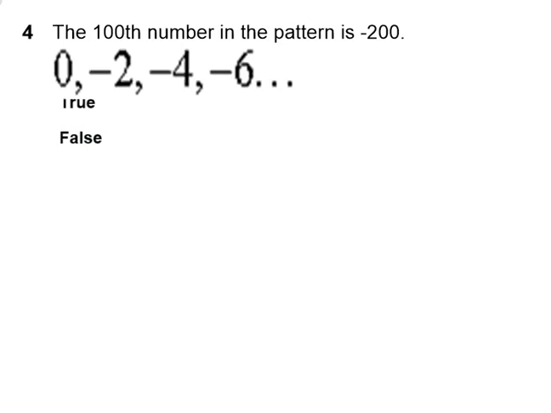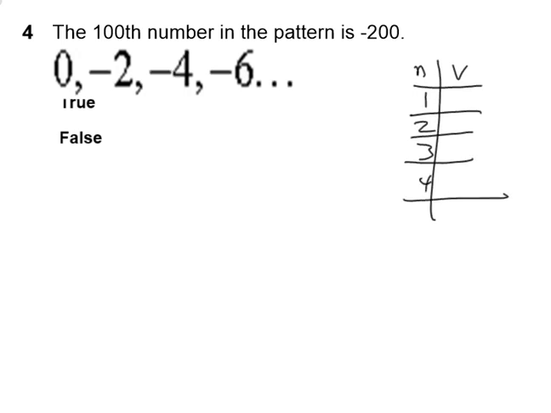Question 4, the hundredth number in the pattern is -200. So just like on Mondays, we're going to put the number in the pattern and its value. The first number, the second number, the third number, the fourth number, the 100th number. The value of the first number is 0, the value of the second is -2, the value of the third is -4, and the value of the fourth is -6.